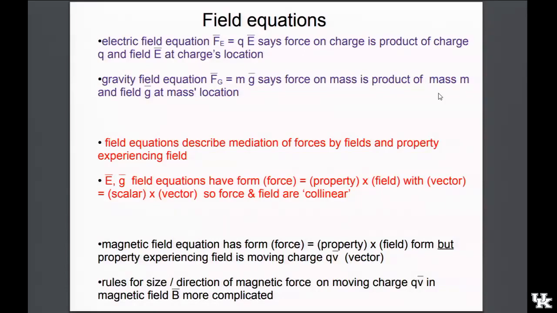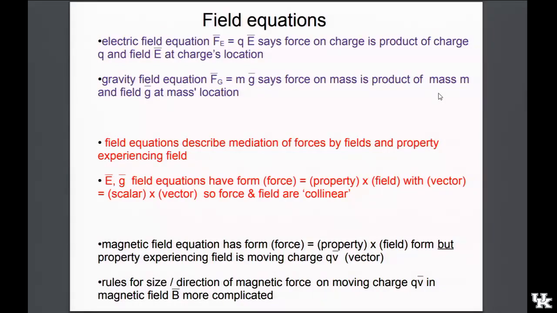So this has got a lot of words on it, but let me just walk through this slide slowly. Upstairs here, in magenta, or whatever this color really is, is meant to be a reminder. There's two field equations you've already met. One of them, we didn't call it a field equation, I think, in Physics 211, and the second one in the first third of Physics 213.